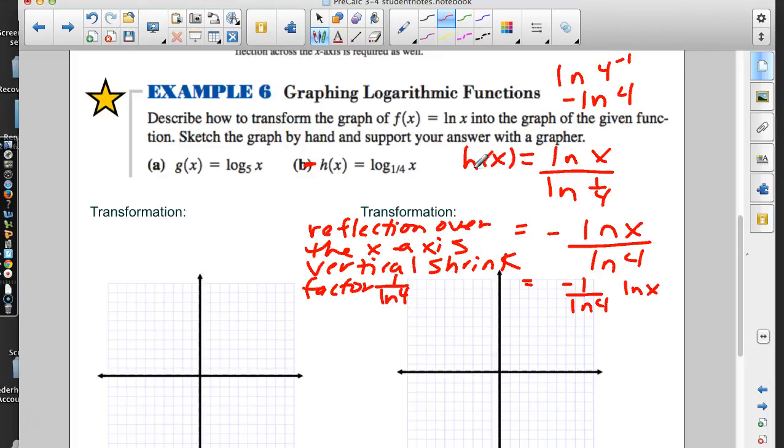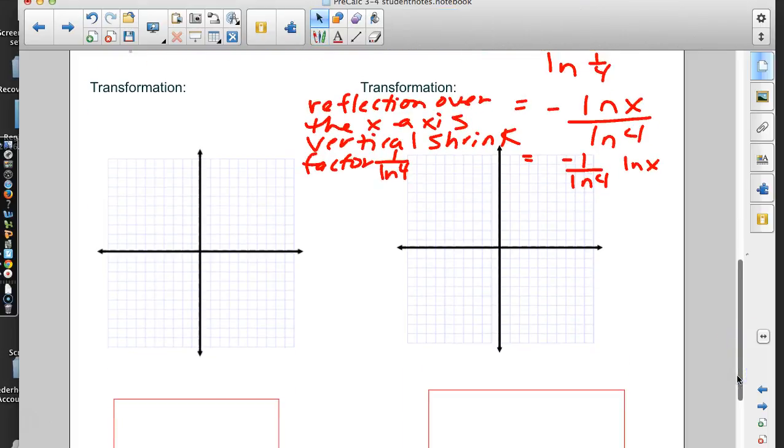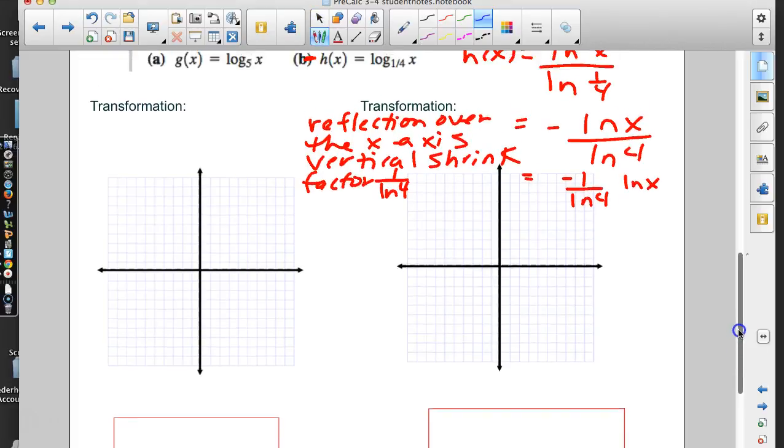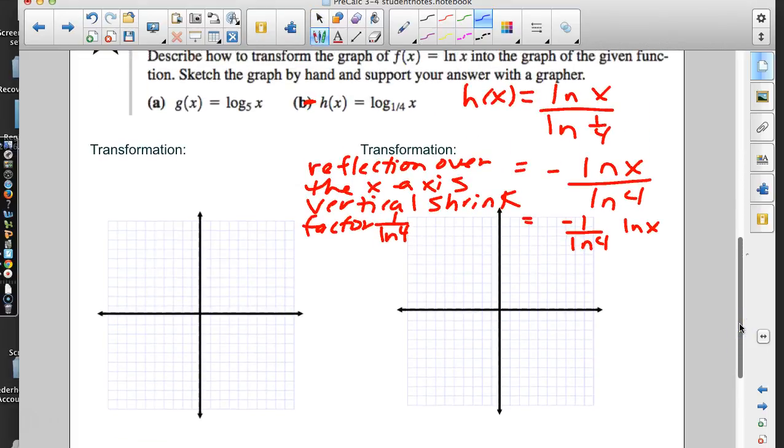So now, I don't want to graph it that way. That's nasty. Most of us don't think in terms of e and natural log and all of that. So instead, I go back to the old way that I've always graphed logarithms, which is, let's go back to what we had, which was really y equals logarithm base 1/4 of x. Let's just snail shell it and get a graph that way. It's the easiest way to do it. Why do it a hard way if you don't have to?